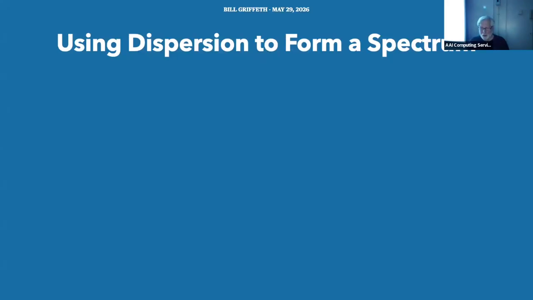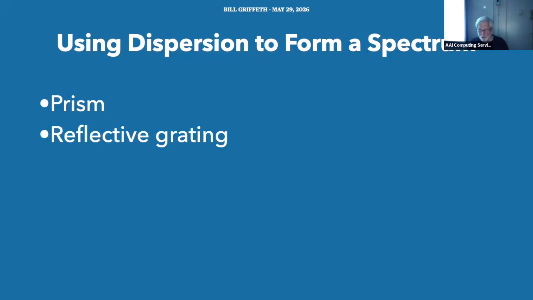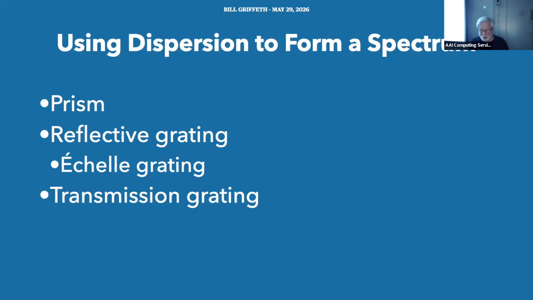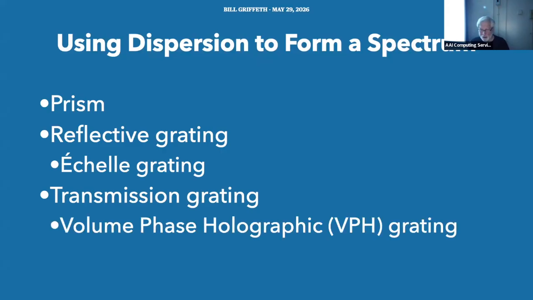So light is separated into a spectrum of its constituent colors by a process called dispersion. There are three basic types of dispersers: prisms, reflective gratings, including the high resolution Echelle gratings, and the third type is transmission gratings, including the volume phase holographic gratings, which we'll talk about, Echelle and VPH gratings, later.